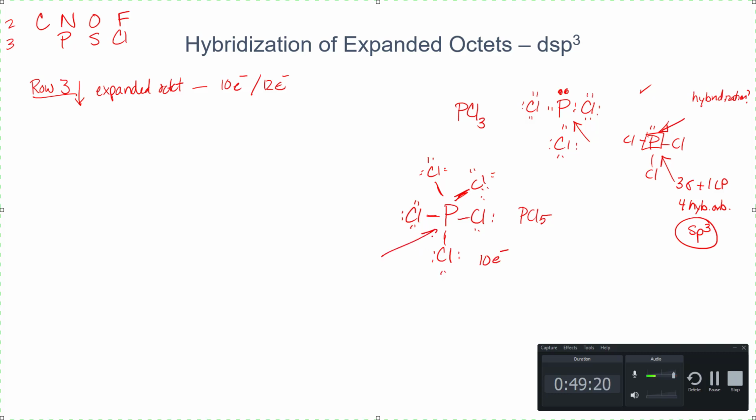What is its hybridization? Well, let me ask the question a little bit differently. What is the VSEPR geometry of that phosphorus? The video is going to stop in a moment, and you're going to choose that answer.